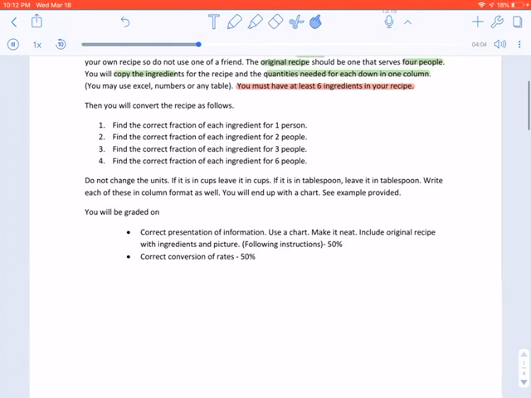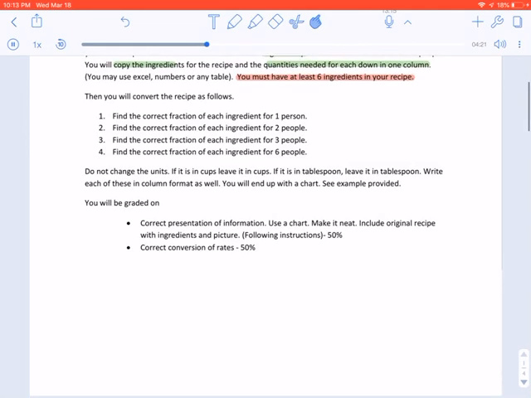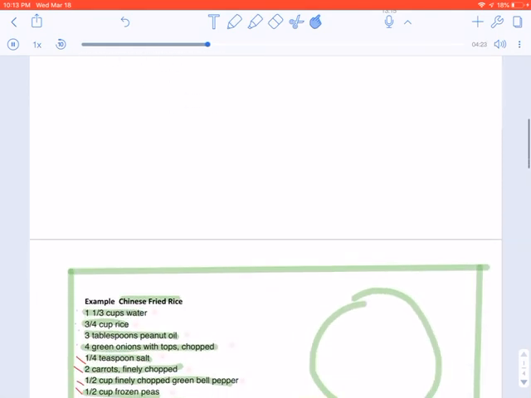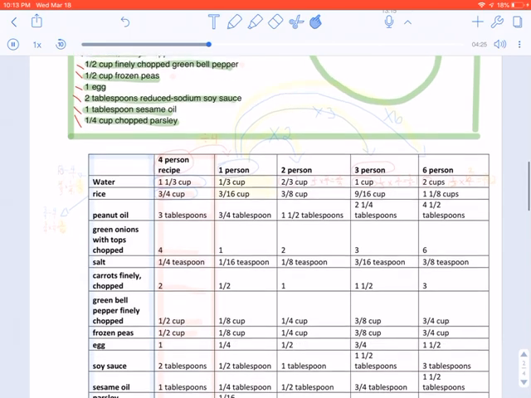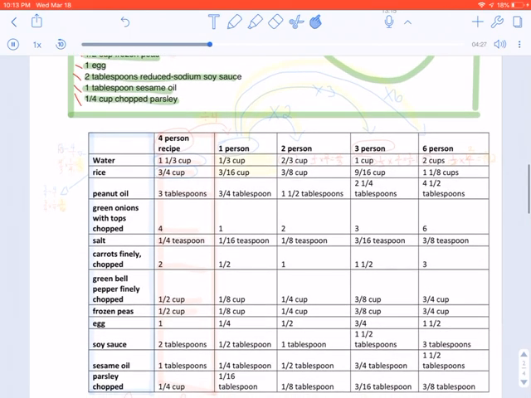So now that you have established your recipe and you've made sure it's for 4 people and you have at least 6 ingredients and you have a picture of it, then you are ready for the next step. Let's stick to slide 2, and I want you to look at the chart that's there. I'm going to go ahead and highlight in blue.